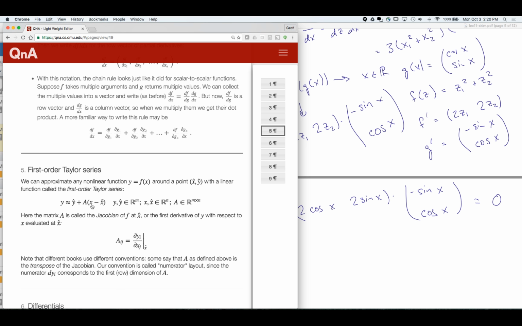If x and y were scalars, then A would be a 1-by-1 matrix, which is to say a scalar, and we would have that y is approximately equal to a constant, an intercept, plus a slope times x minus x hat, right? And so what we're doing is we're generalizing the idea of a slope to multiple dimensions, right?